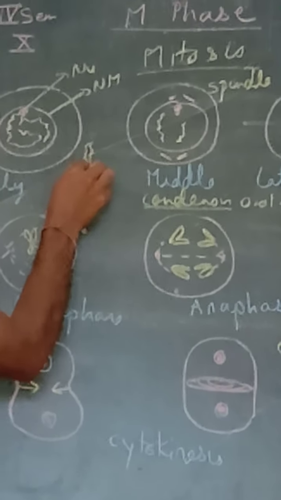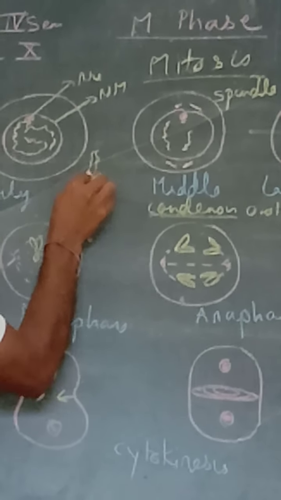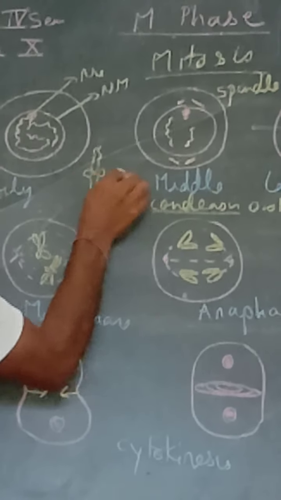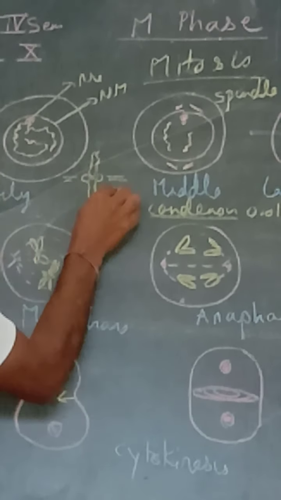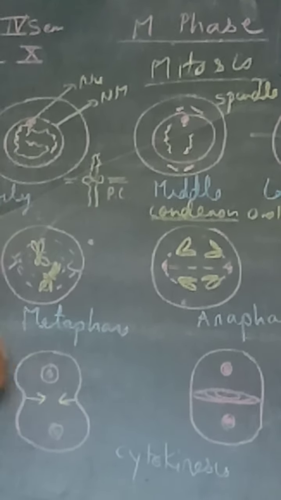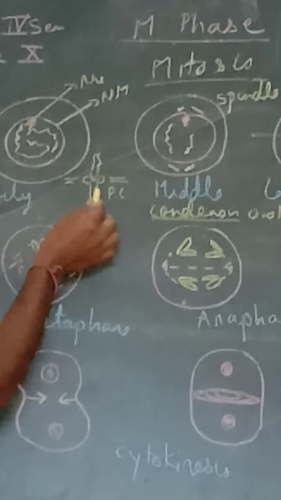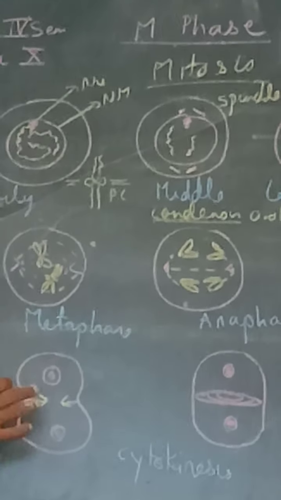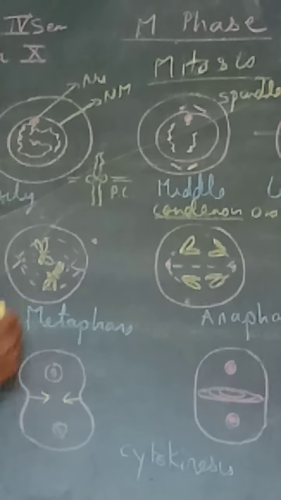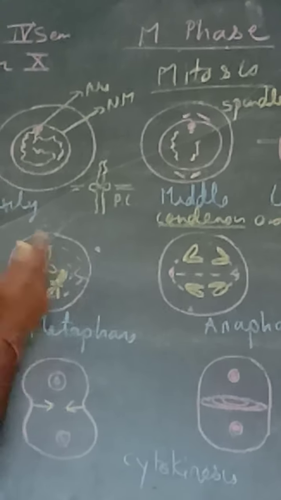The place of the chromosome with which it is attached to the spindle is known as the primary constriction. This centromeric region is made up of protein along with centromeric DNA. Now, the spindle has two poles.